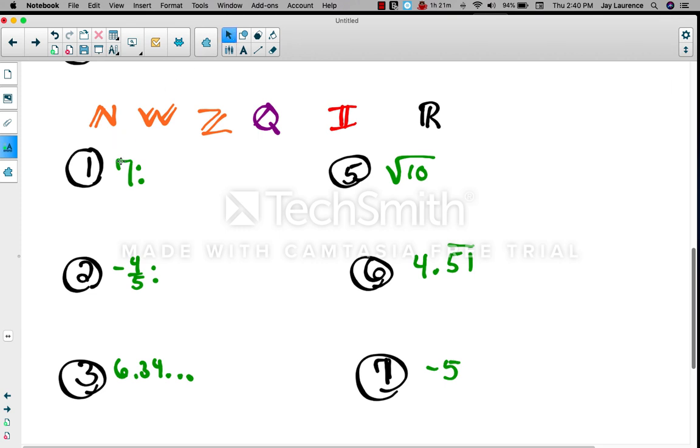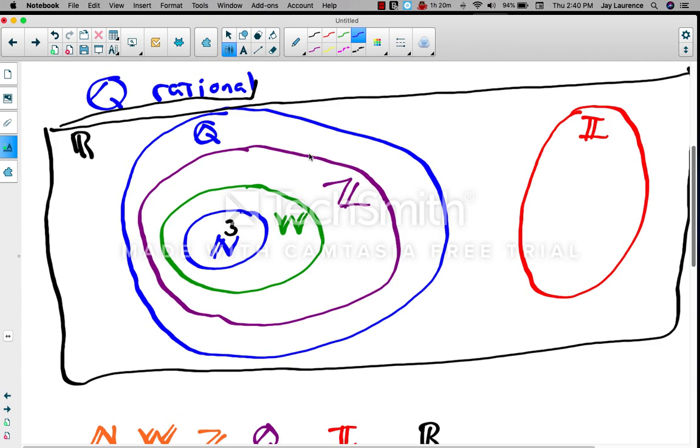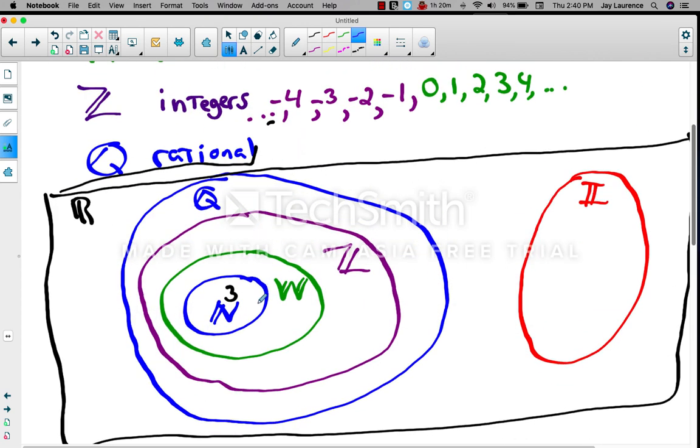So 7, we should all know that 7 is a natural number, right? Natural numbers start with 1, 2, 3, 4, 5. They go on forever. So therefore, I'd eventually hit 7, so an N comes down here by the 7. Now, because of that Venn diagram, if it's natural, it has to be a whole, right? If I'm in the natural circle, 7, I'm automatically in the whole circle.